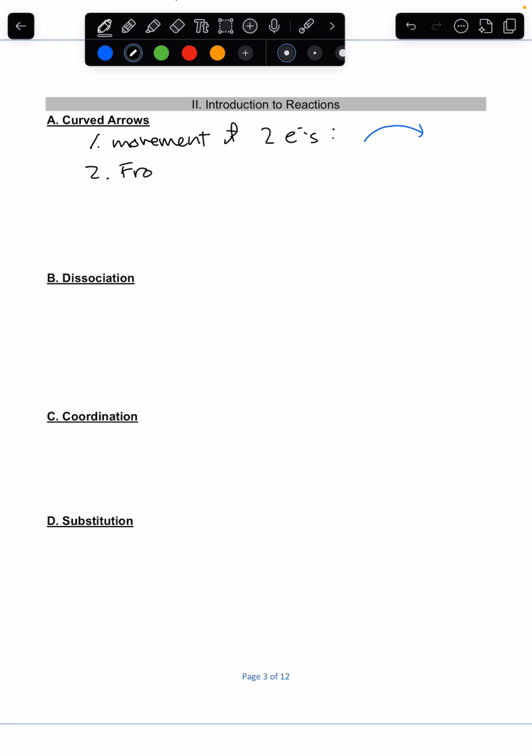And how do electrons behave? Electrons are negatively charged, so it should make sense that they flow from negatively charged places, or partially negative atoms or bonds, to positively charged atoms, or electrophilic, partially positive things.